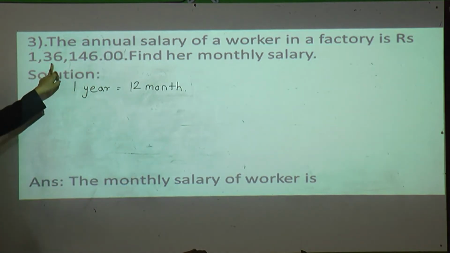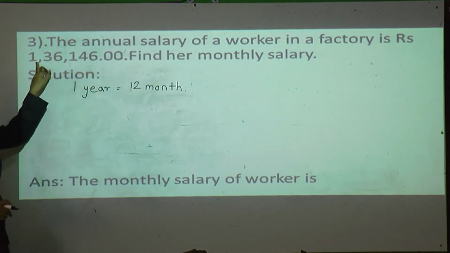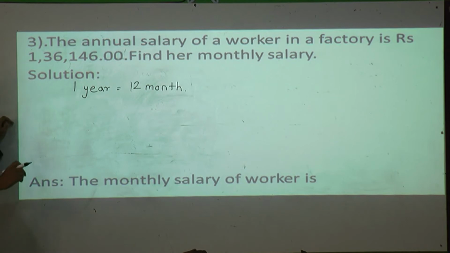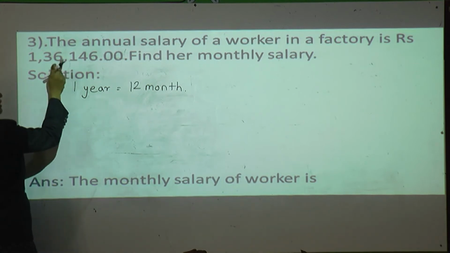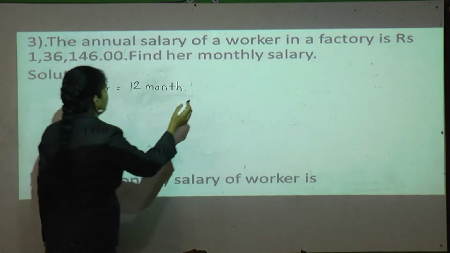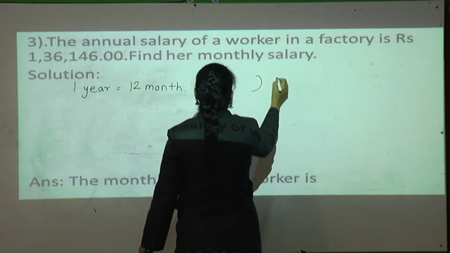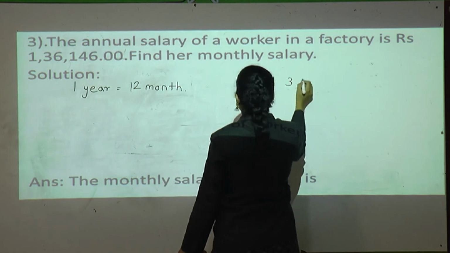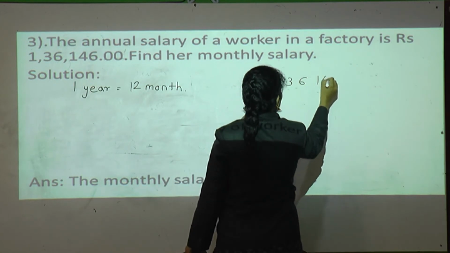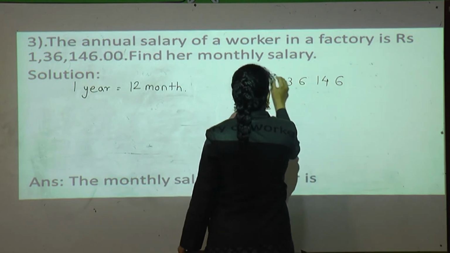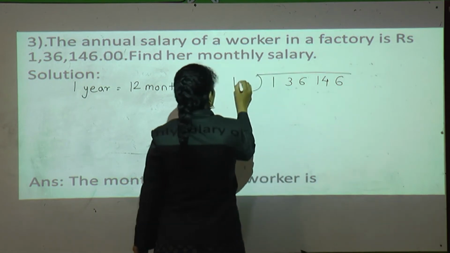So this is the salary of a worker, annual salary. Okay, so what we have to do now, we'll do division here. So this is the annual salary, that's why divide this salary by 12. I will write here 1,36,146, so this divide by 12.